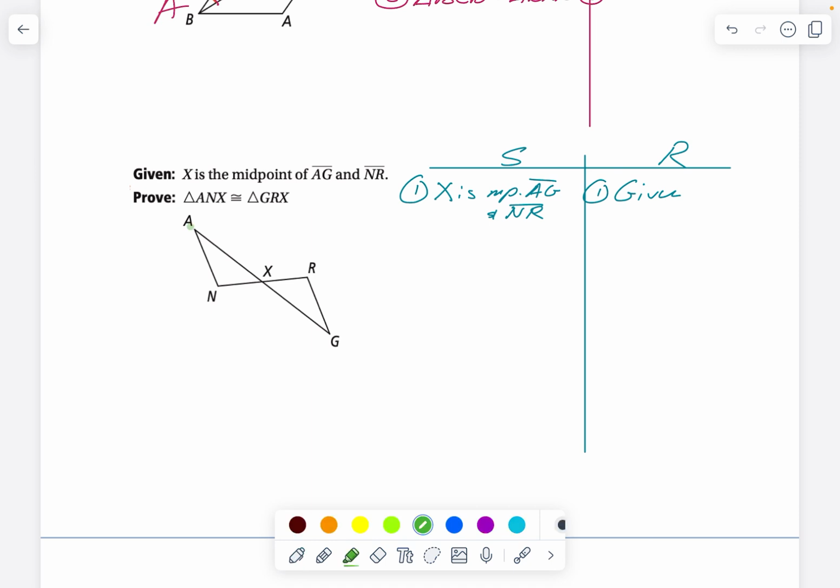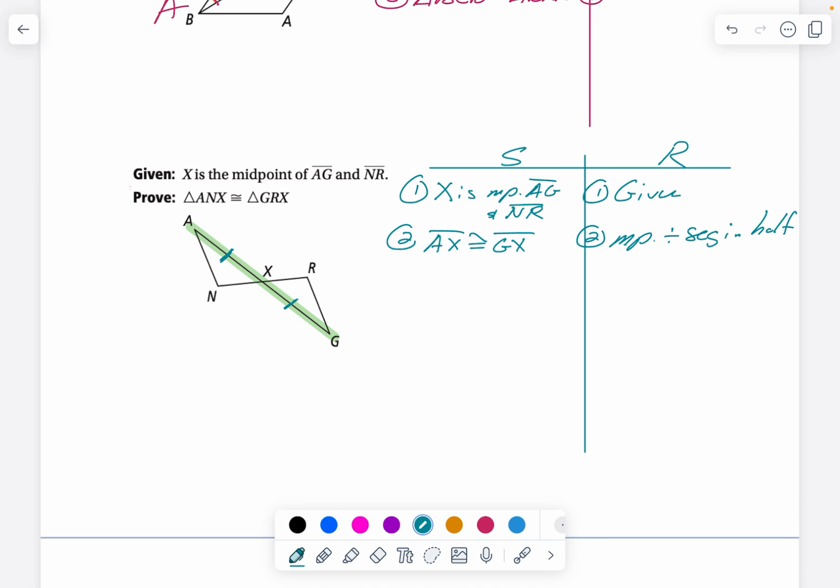If X is the midpoint of AG, well, that's going to cut that into two congruent pieces. And so we can say AX congruent to GX, and our reason is midpoint divides segment in half.